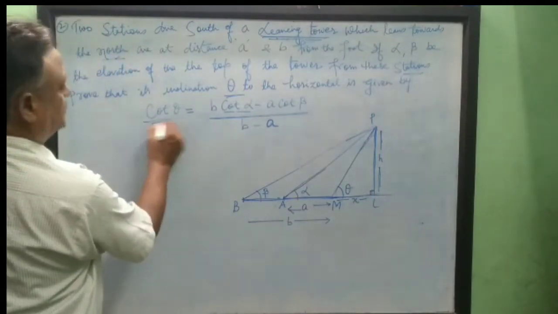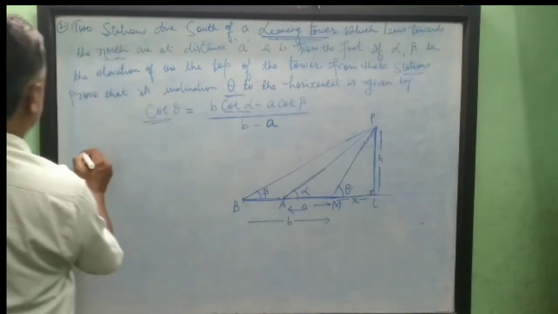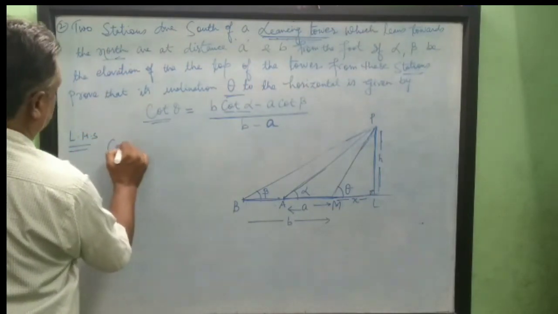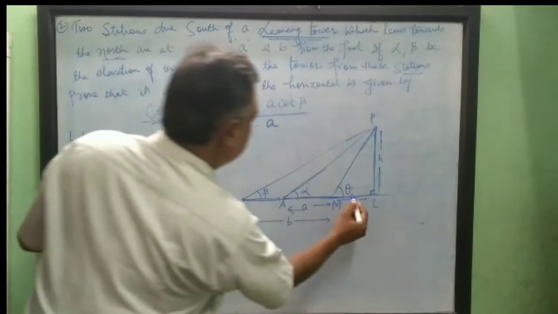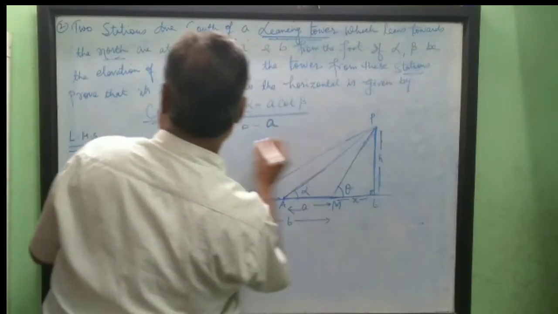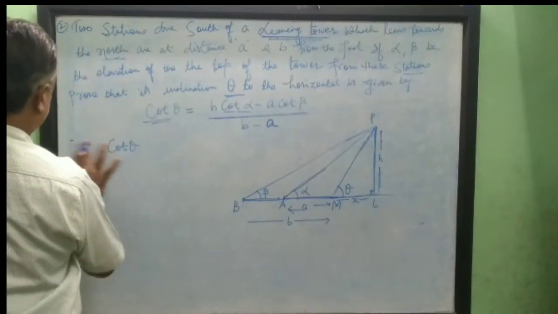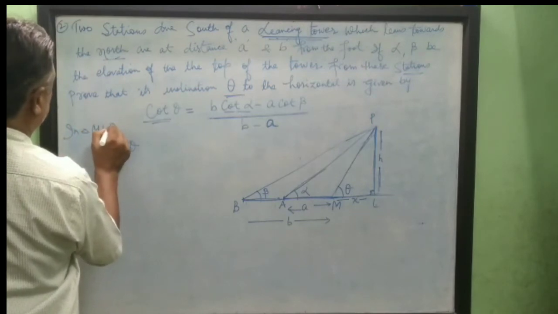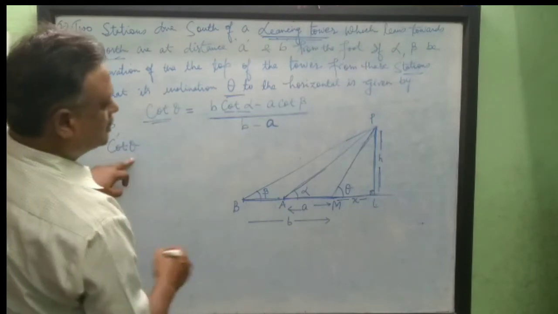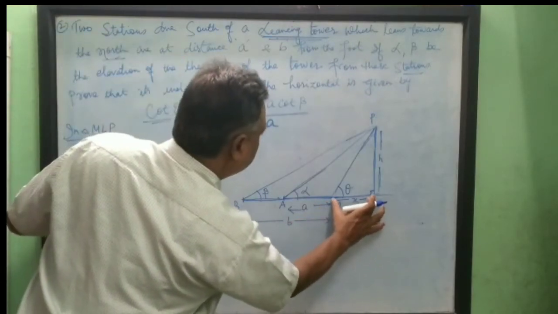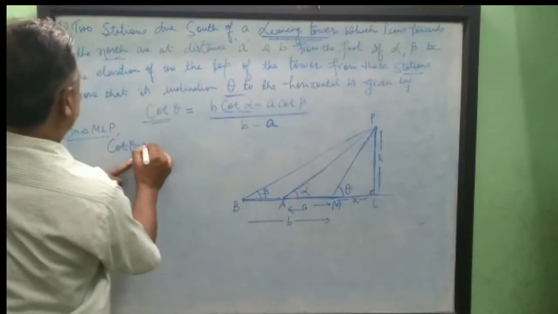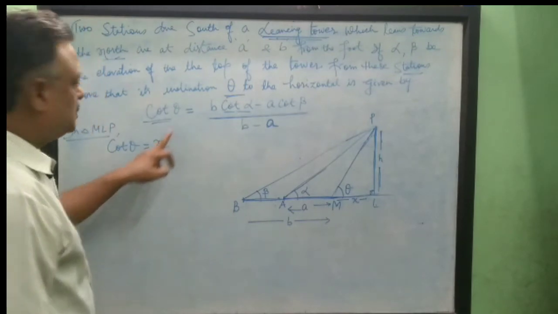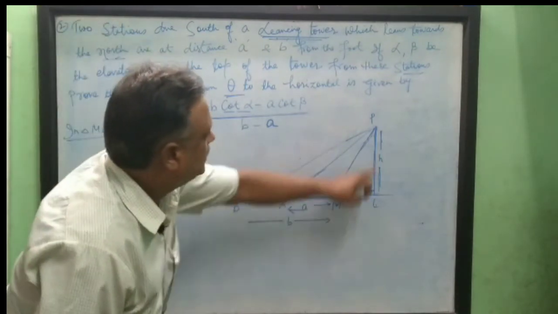So at first cot theta, LHS: in triangle MLP, cot theta is equal to base by perpendicular. So x by h, cot theta is equal to x by h.